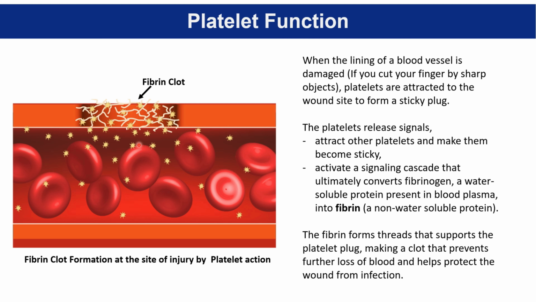They also activate a series of reactions that convert fibrinogen into fibrin. Once the fibrin is formed, the fibrins are thread-like structures that support the platelet plug. This way they do the clotting of the blood and prevent further loss of blood, and that also helps in preventing any further infection to the wound.